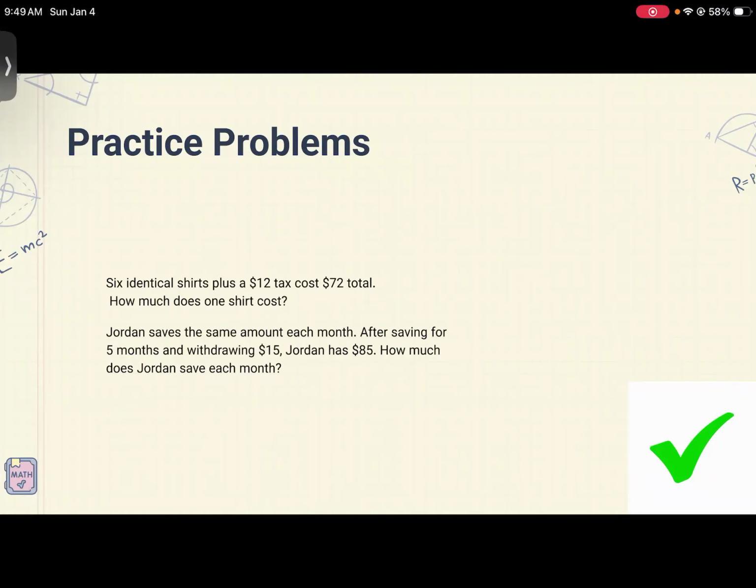So the second question is saying that Jordan saves the same amount each month, and after saving for 5 months and he takes out $15, Jordan has $85. So how much money does he save each month? So tell them to think of the amount of money per month as X.